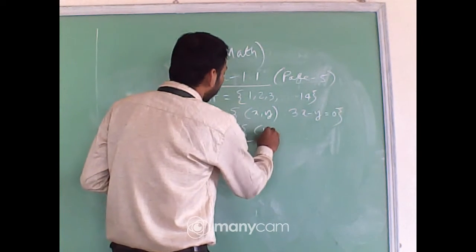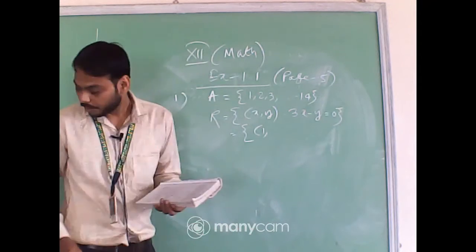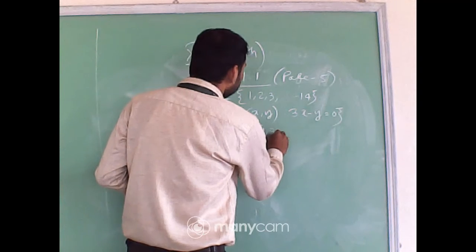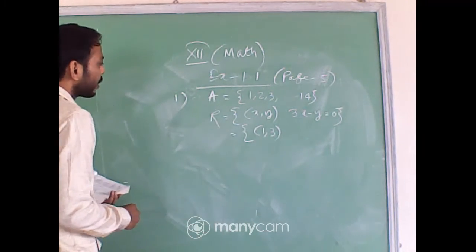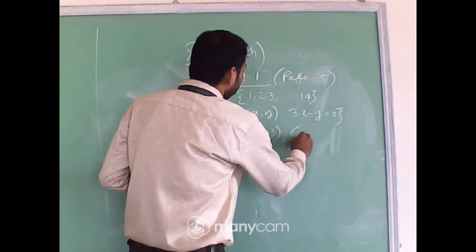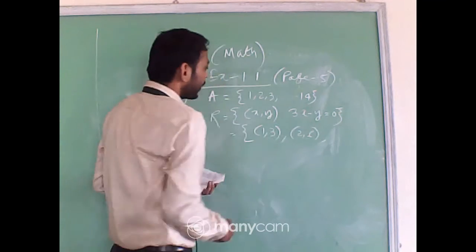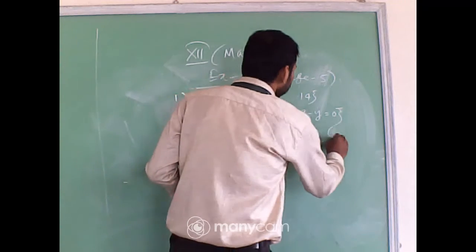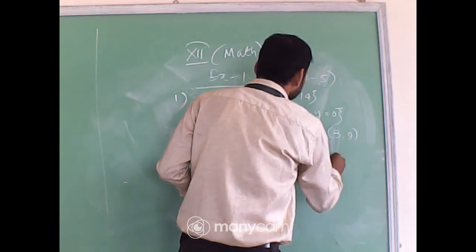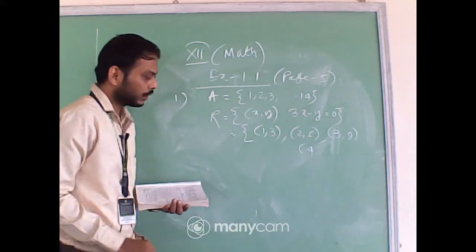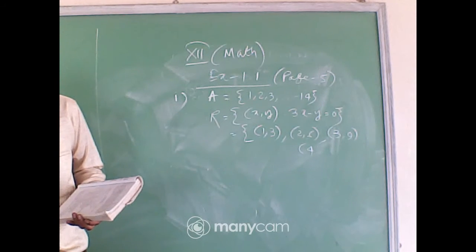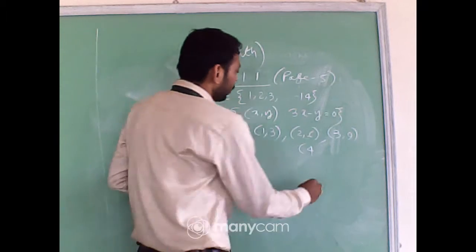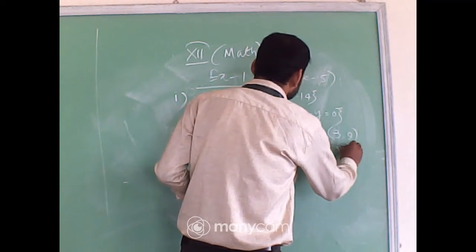So, whenever you take x equals 1, we will get y equals 3. So, the first pair is 1 comma 3, second pair 2 comma 6, third pair 3 comma 9 and the fourth pair, that is 4 comma 12.